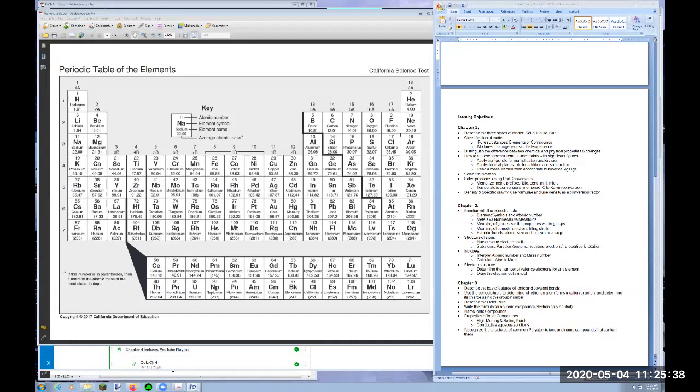Scientific notation: you need to know how to change numbers from scientific notation to decimal notation or vice versa. I think most of you get this, but in case you forget, when you have a positive exponent, it's because you have a very large number.